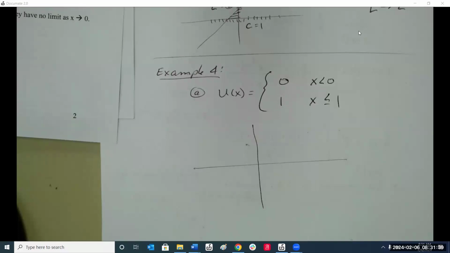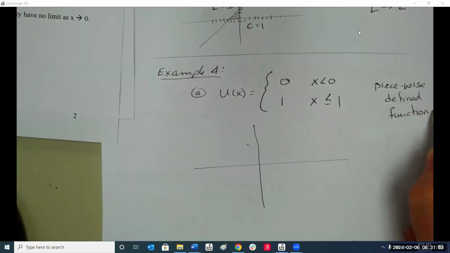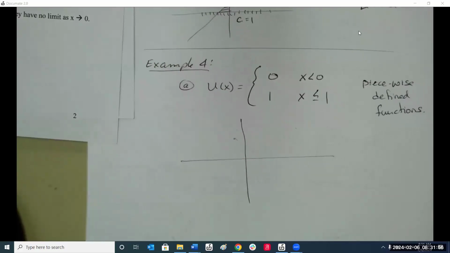What kind of function is this? What is its name? It has multiple parts. What's it called? Piecewise defined function, yes. These are what are called piecewise defined functions. They're called piecewise because they're defined in pieces.